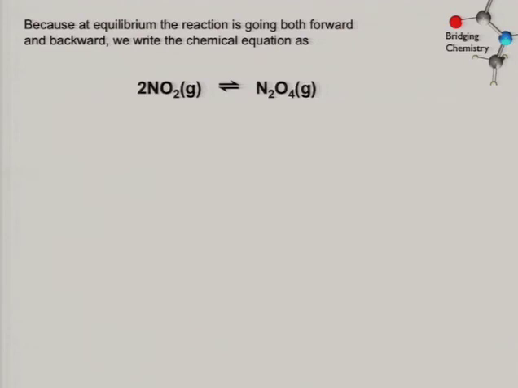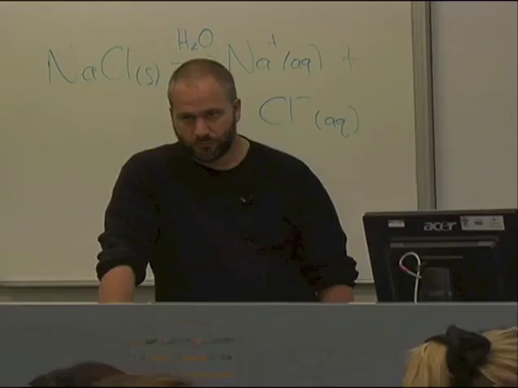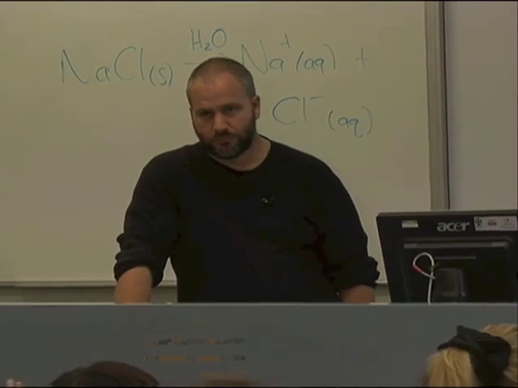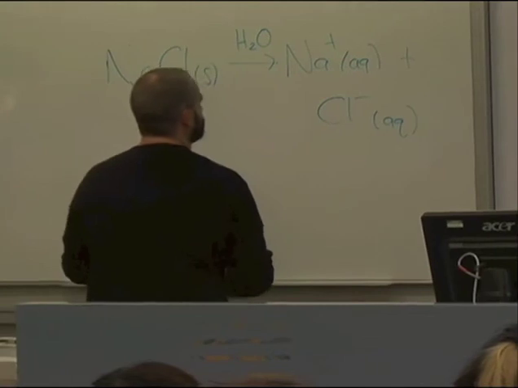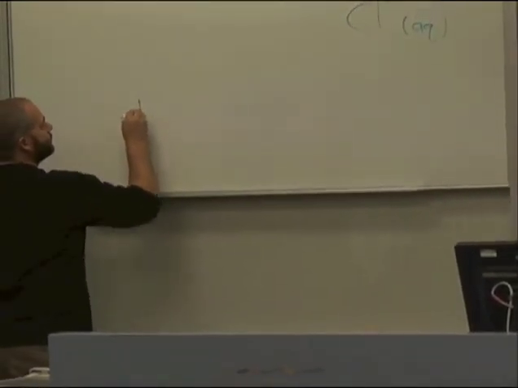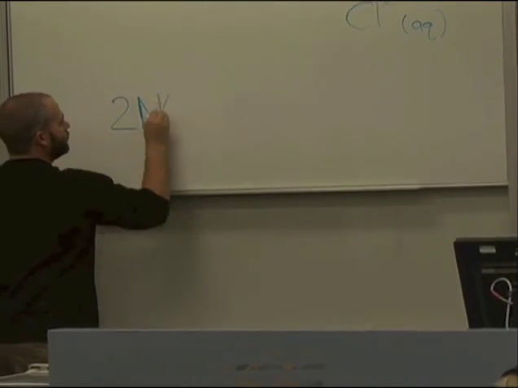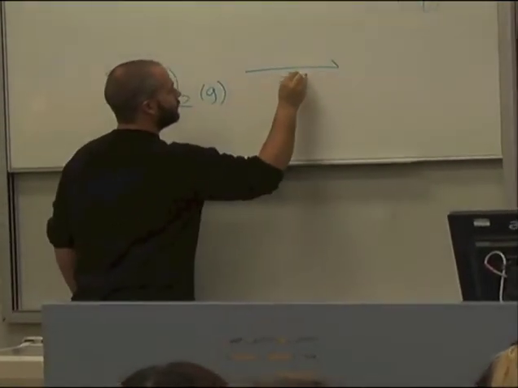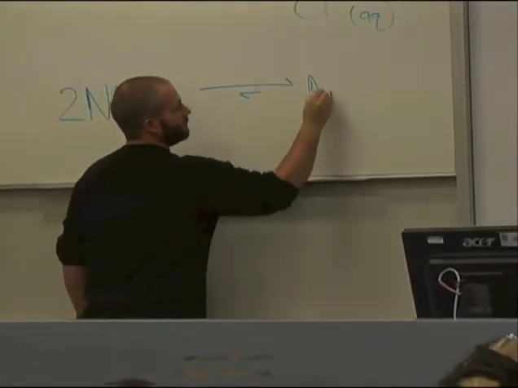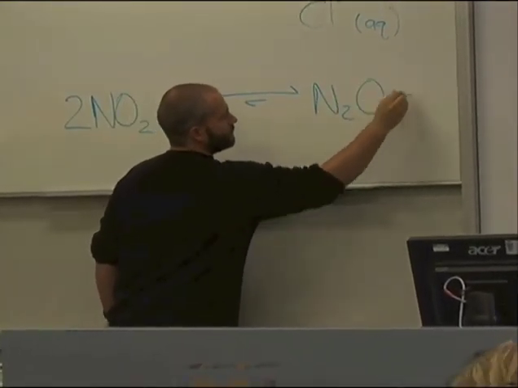Is there any way you can indicate what the major product is? Because you could have lots of NO2 and just a little bit of N2O4 around. You could do this. Yep. Sometimes you'll see things like this.